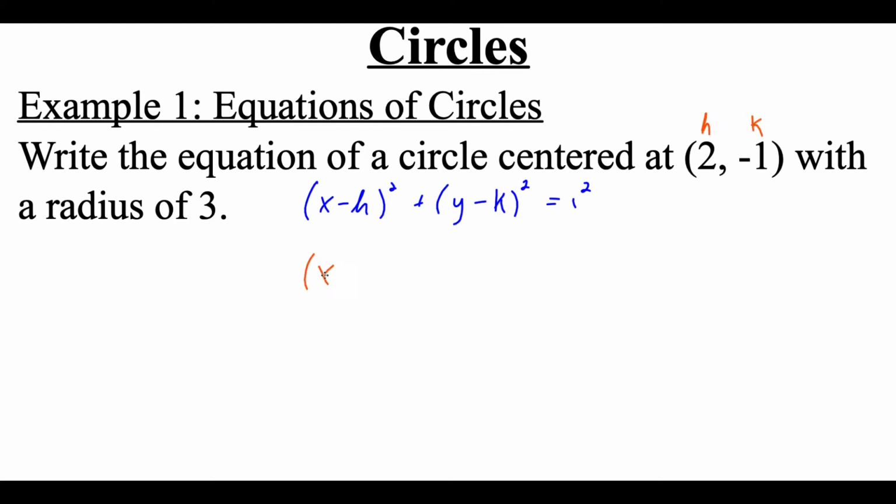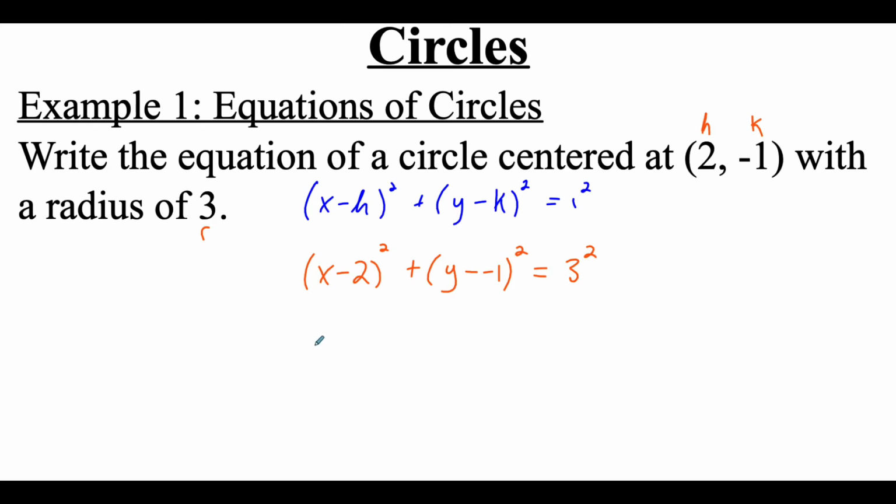So I'm going to go x minus the x value from that center point, that's your h value, so that's 2, squared, plus y minus the k value, which is the y value from the center point, so -1, y minus -1, squared equals, and then your r squared, r is your radius, so we're going to go 3 squared.